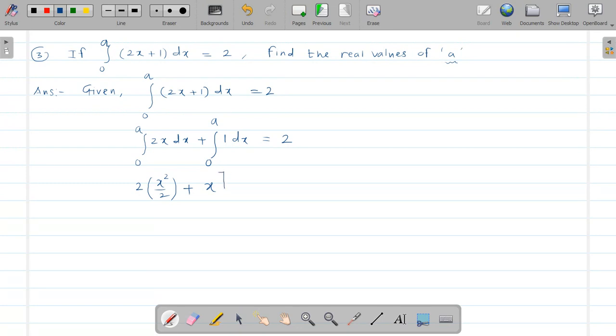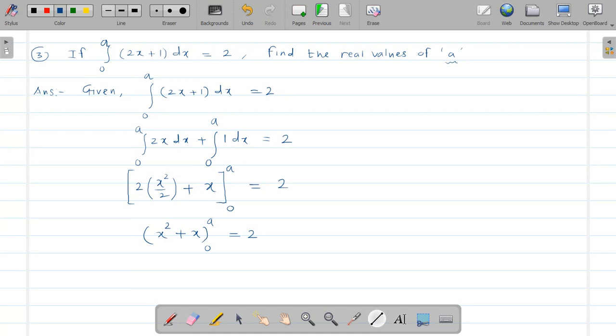Now the integration is completed, and I have to put that in a square bracket, and here below it is 0 and above it is a, and it is given that it is equal to 2. Now here 2 and 2 will get cancelled, so just x square will remain here plus x, from 0 to a, is equal to 2.